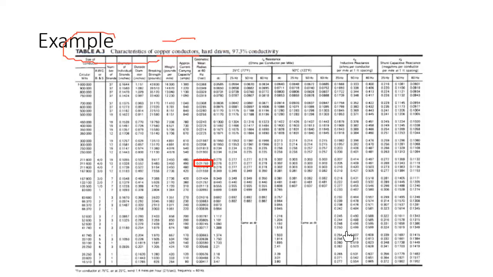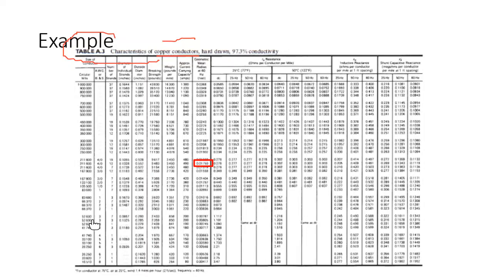But if they wanted to calculate it per mile, then they need to convert. Because this is a US system, the standards, such as the American wire gauge, are American standards. That's why they use these units, to make it easy for the engineer in the USA to read these charts, because they work in feet.